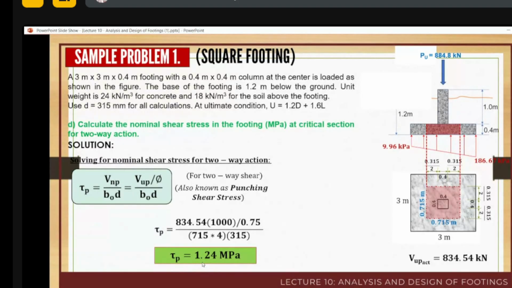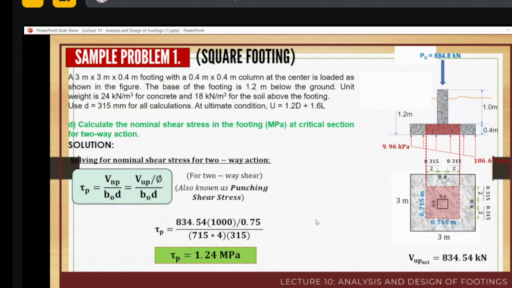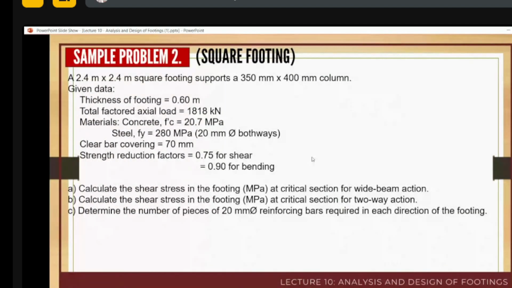So, take note class, you must be consistent of the unit, no? Kung it is MPa, so you multiply this by 1,000 ang kilonewton na shear value, then divide all the dimensions by its mm unit para MPa mo ko. Okay?